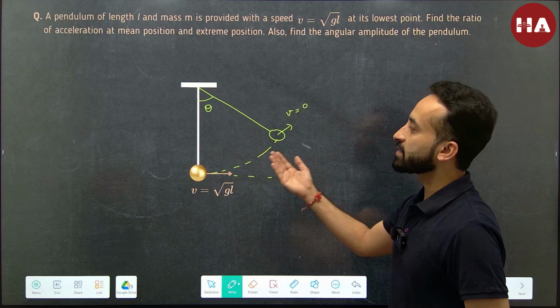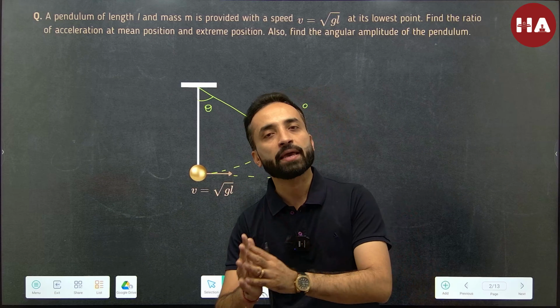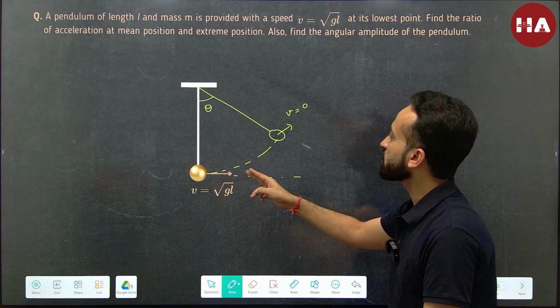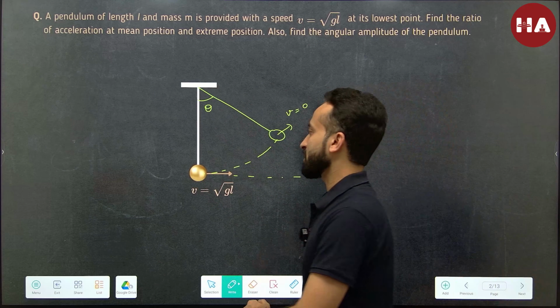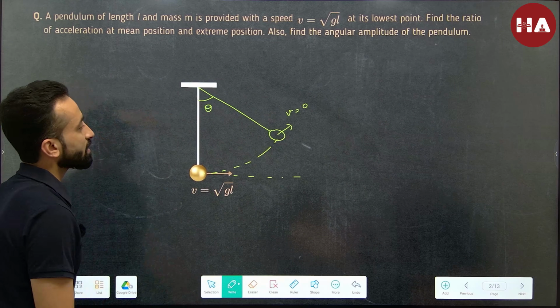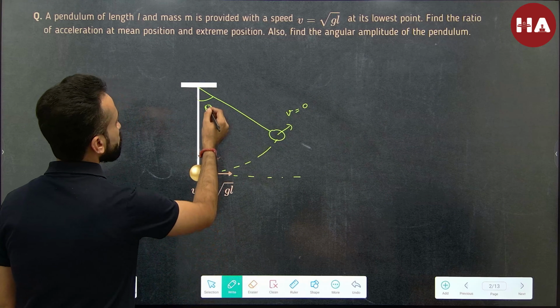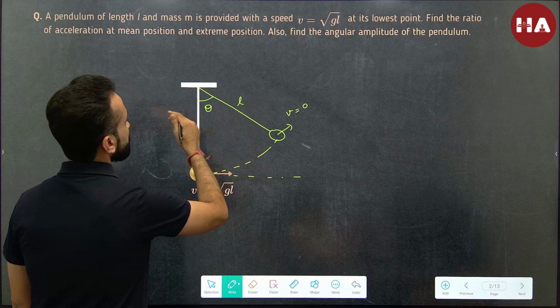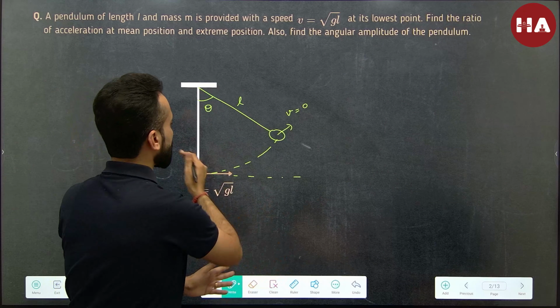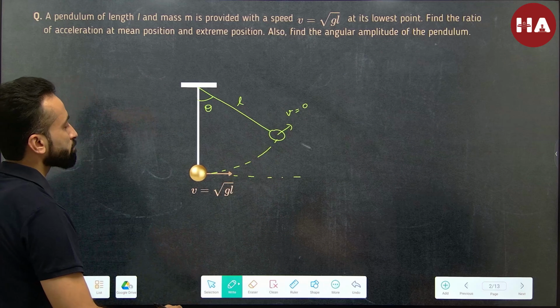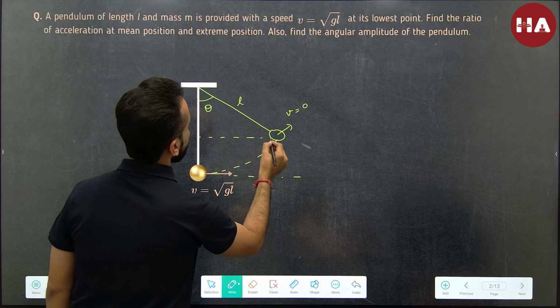We have provided kinetic energy, which is half mv square, that is converting to potential as this bob is rising, isn't it? Alright, so very quickly let's do that. Let's assume that this angle is the angular amplitude. So you understand what amplitude is, the last angle it will go up to.